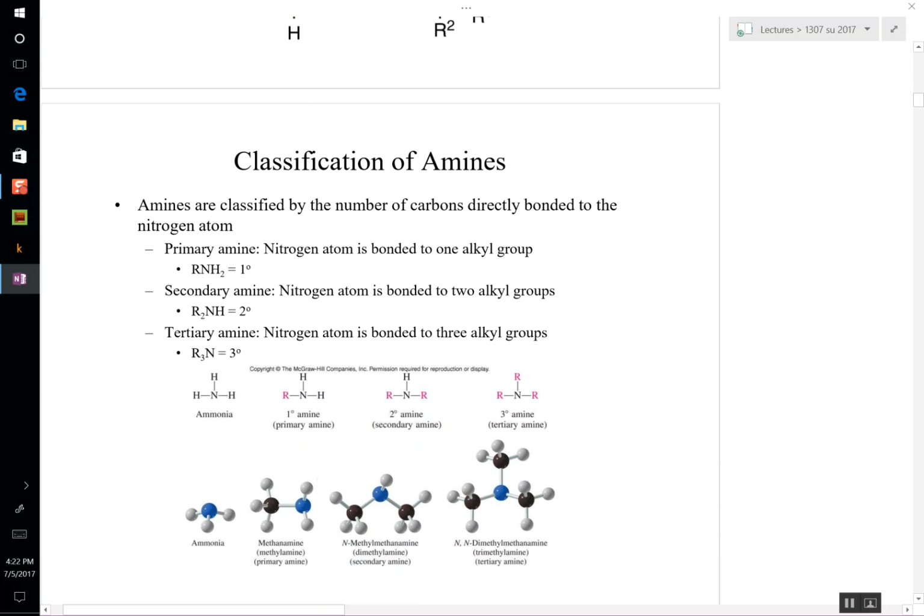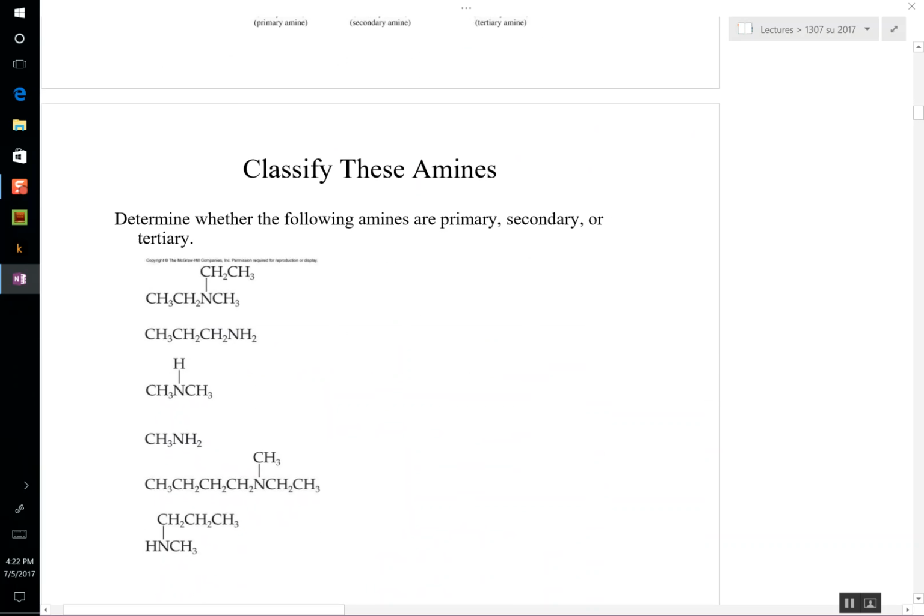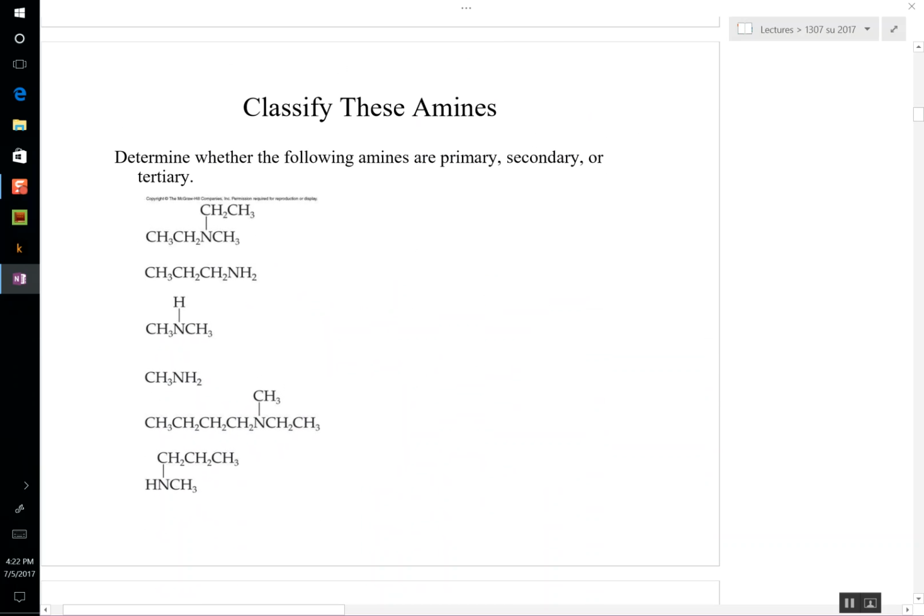Methylamine is primary. Dimethylamine, secondary. Trimethylamine, tertiary. So know the classification of amines. Classify these. What is that? Tertiary. The next one?